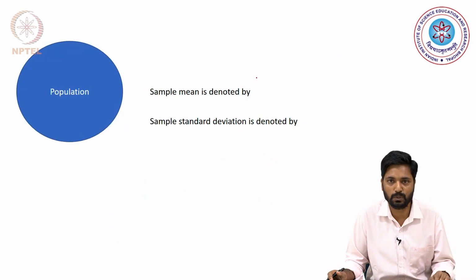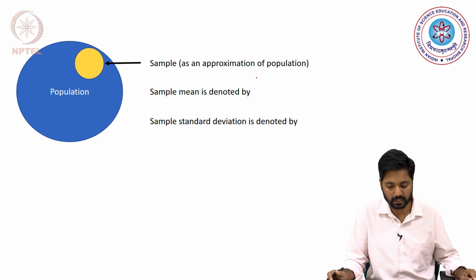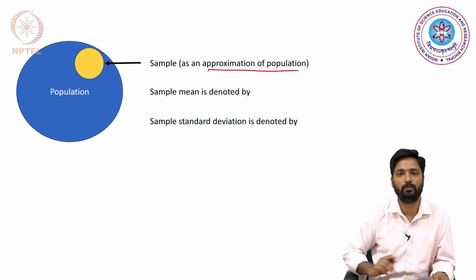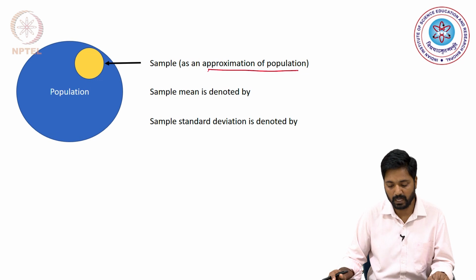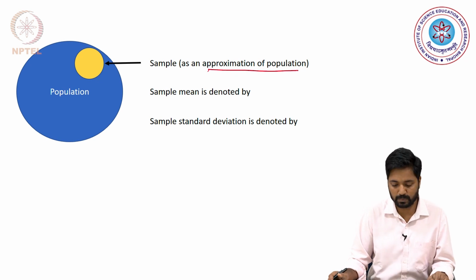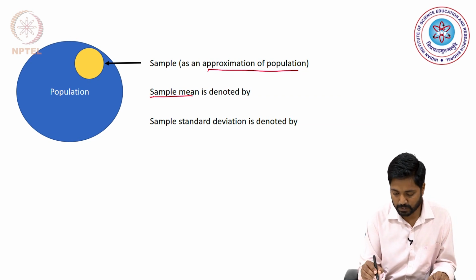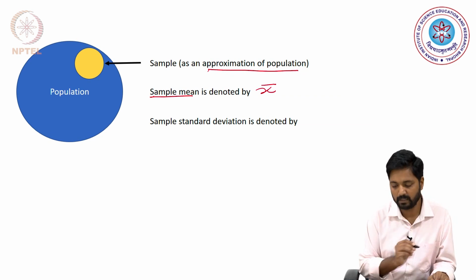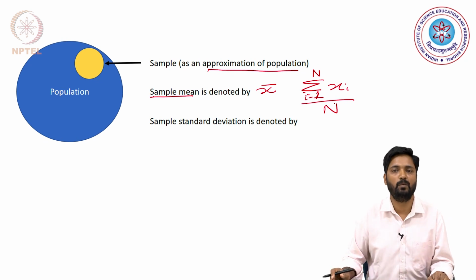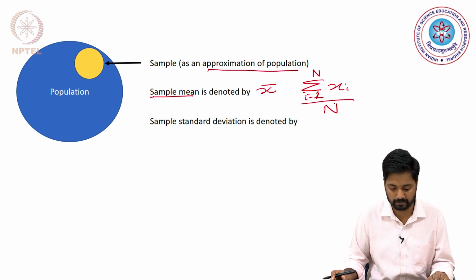Now, we have also told that from a population we can take a small sample which is considered as an approximation of the population if it is taken in a random fashion, and this sample can also be analyzed using statistics to arrive at similar concepts of sample mean, which now we denote by x bar, which again is a summation of all the individual values divided by the number of values present in the sample.